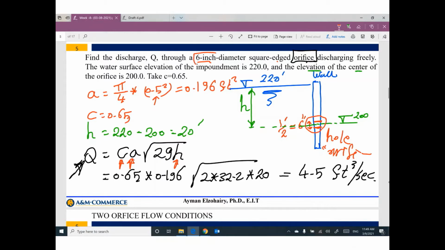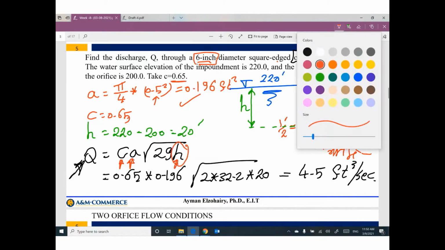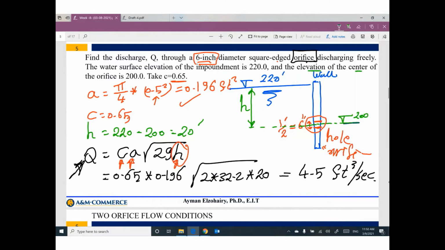The diameter is given, so I can figure out the area. C is given, this is the discharge coefficient. What is the value of H? H is the vertical distance between the center line of the orifice and the water surface. So the final value for the discharge equals 4.5.